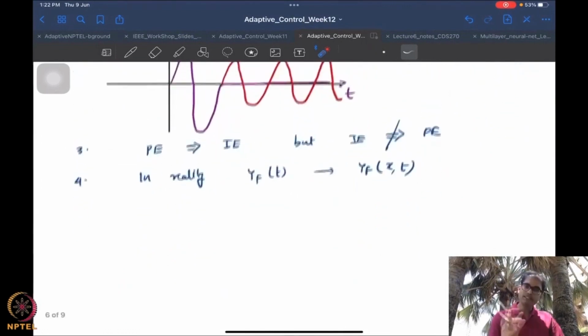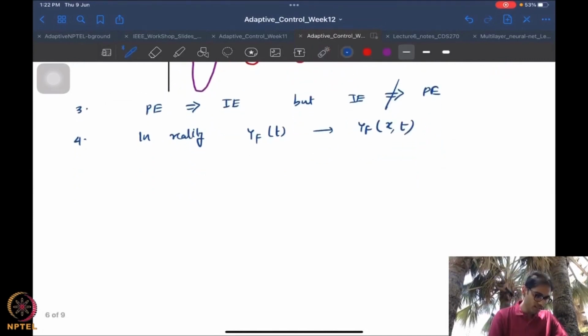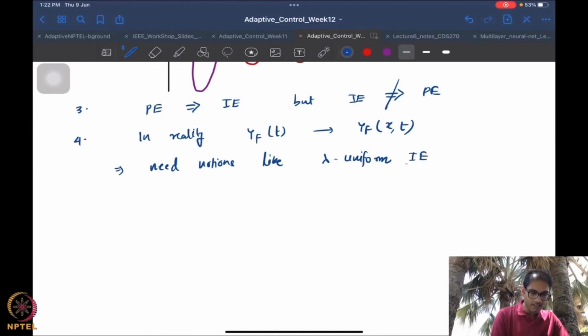We come back to the same issue that we talked about when we discussed the integral lemma. We have to talk about notions like lambda uniform initial excitation.